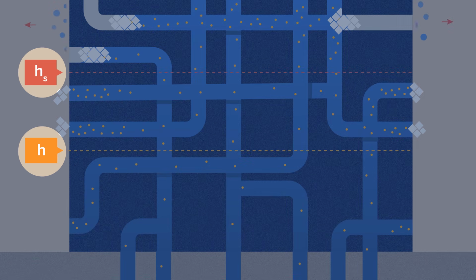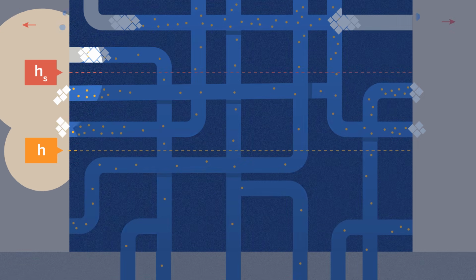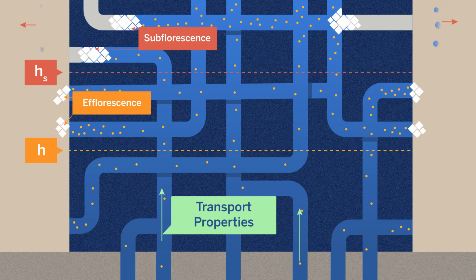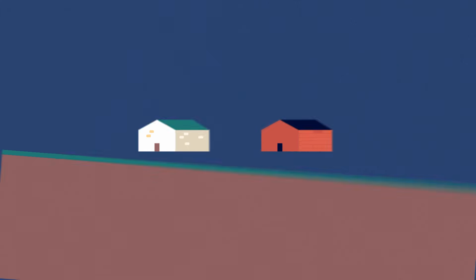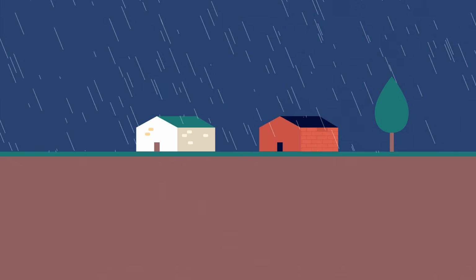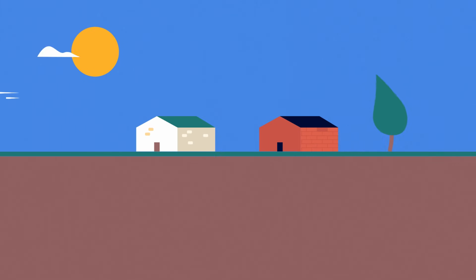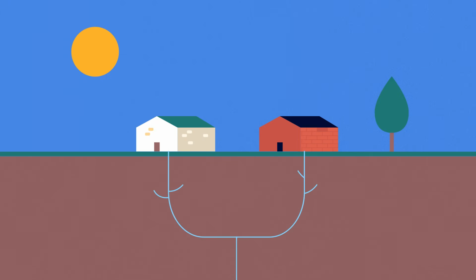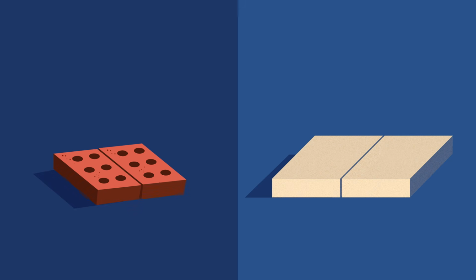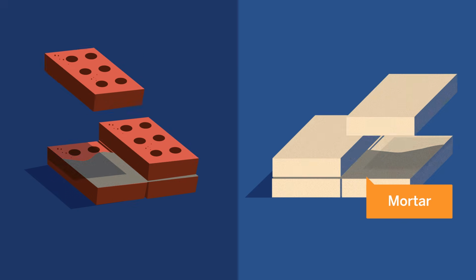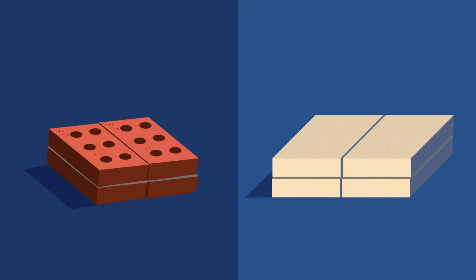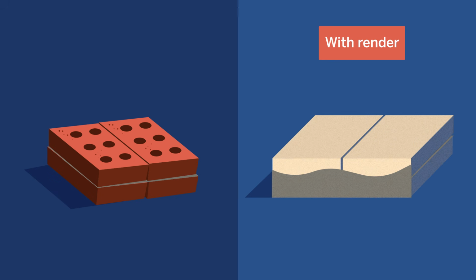The heights at which the above phenomena are observed depend on the transport properties of the masonry and its exposure conditions, such as relative humidity, temperature, and wind, as well as the wetness of the soil. Importantly, masonry is not a homogeneous material, as it includes a combination of blocks or bricks with mortar in between, all of which may or may not be covered by a render.